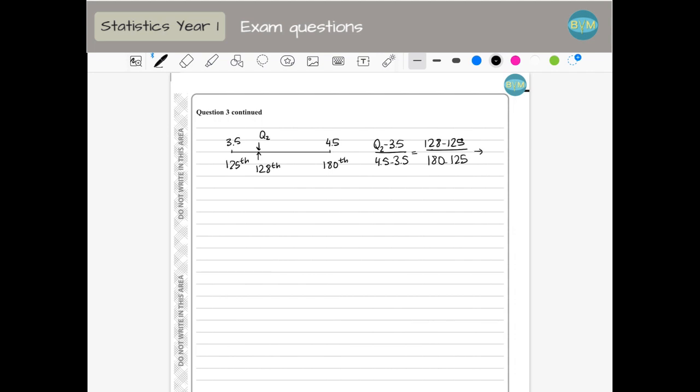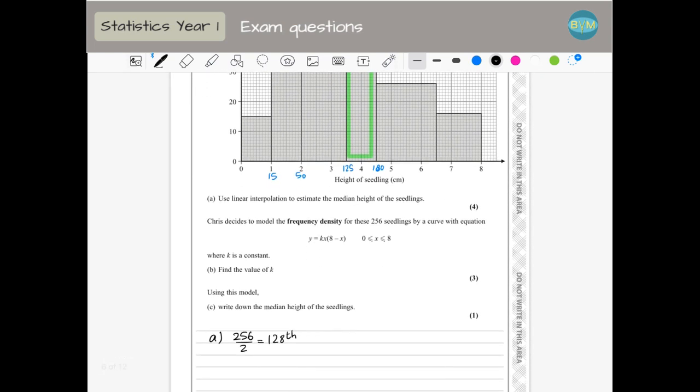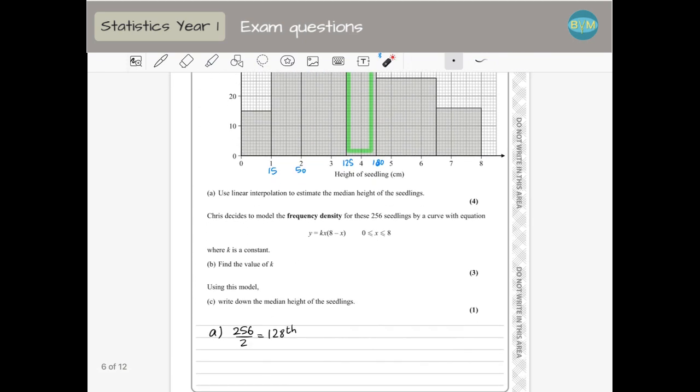And from here you find Q2. Q2 is 3.5545. They don't ask us to round to anything in particular, so I'm going to say, for example, 3 significant figures. So I'm going to leave this to 3 significant figures. So that's my median.